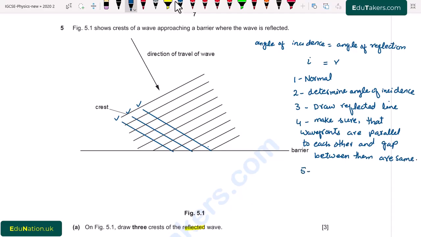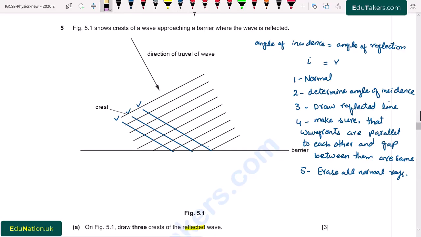At the last point, we have to erase all the normal rays. Erase all normal rays. So we have to follow these steps to draw the crests of a reflected wave.